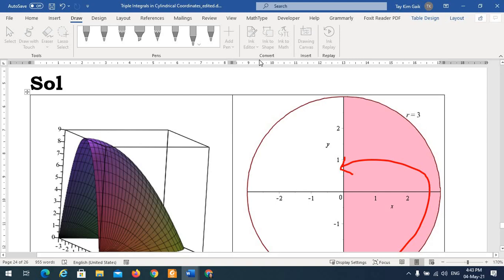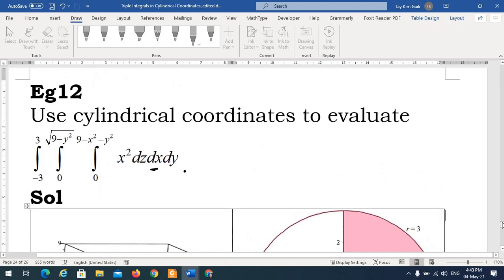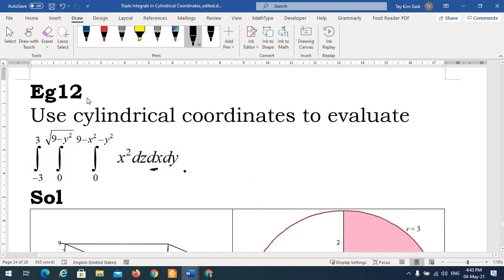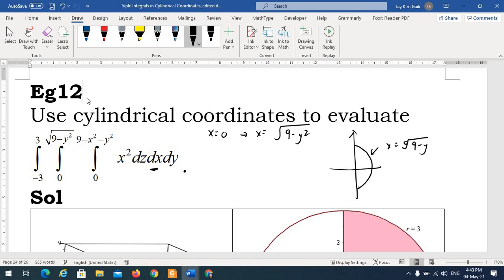The right curve here is actually x equal to square root of 9 minus y squared.